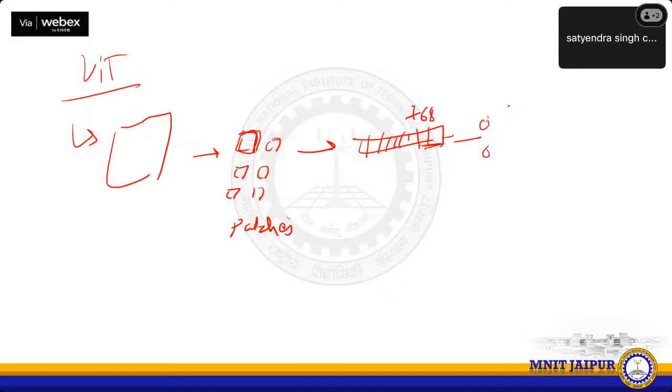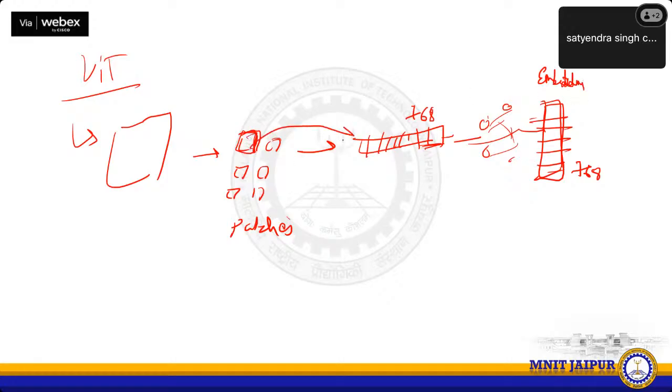We pass it to a linear layer and get an output, let's say of size 768. This becomes the embedding for a particular patch.